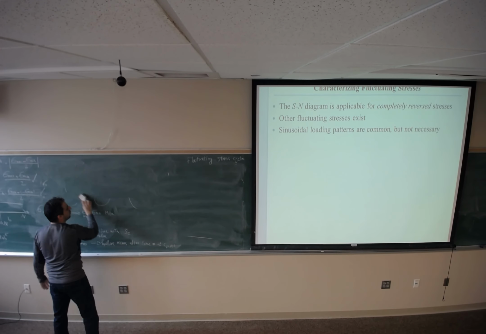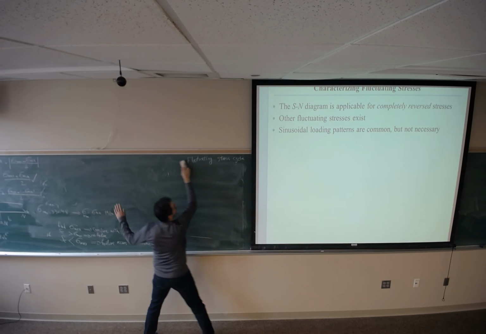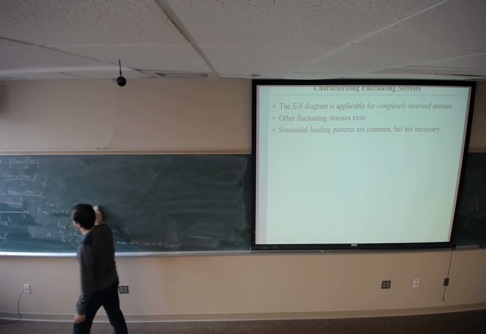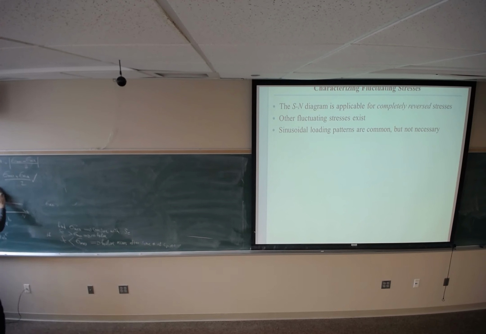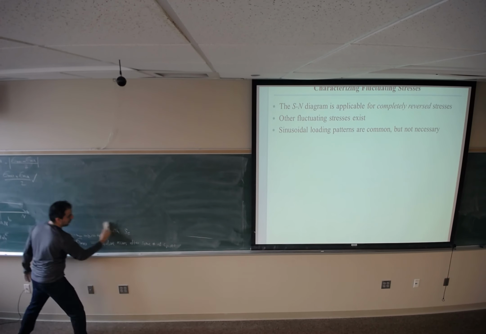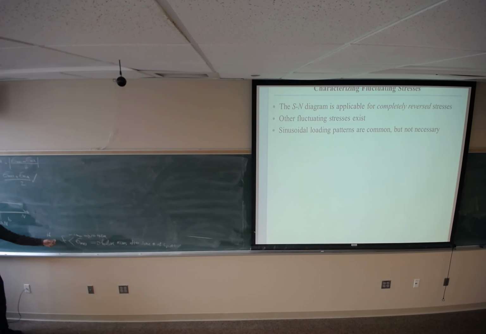So we no longer have a completely reverse cycle, we have fluctuating stress. So basically we have sigma A and sigma M. So this is not working anymore.